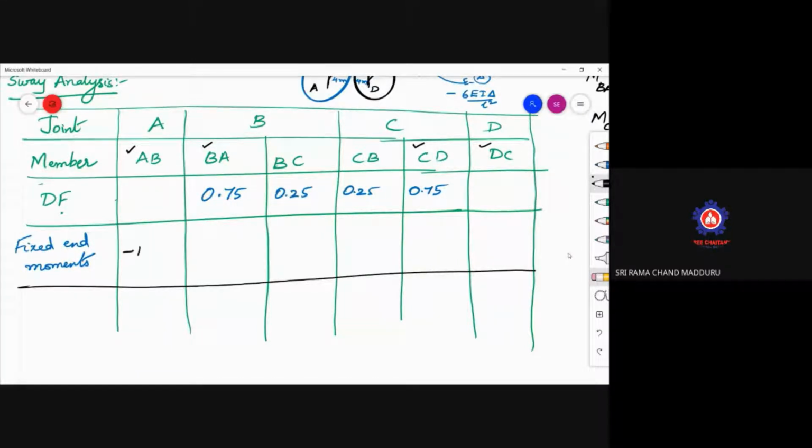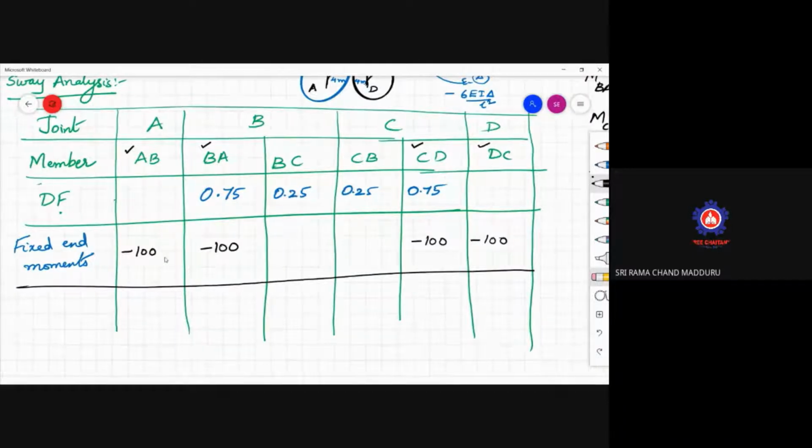This is minus 100, minus 100. BC is a beam moment. I am not writing the sway moments here. Why? Because BC doesn't undergo any sway condition. CB is also a beam moment, which is not a column moment. That's why I will not write down minus 100, minus 100. Understand here why I have written like this.